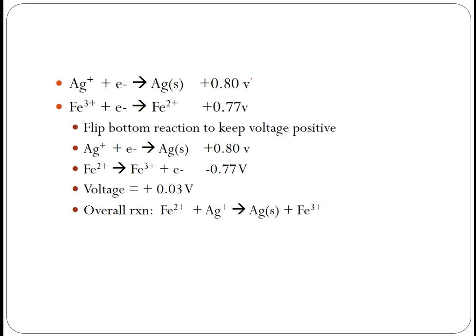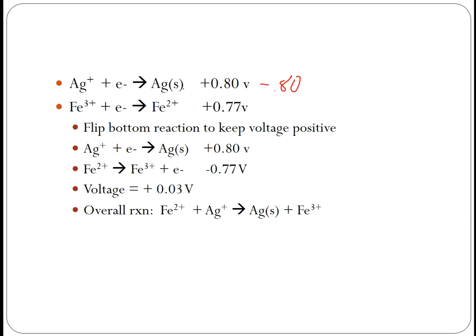So the one that I'm going to flip is the less positive one, which is this one. The logic behind that is, once I flip that one, that becomes negative 0.77, and when I sum them, they will still be positive, just barely. If I flipped the top reaction, then it wouldn't work, because it would be negative 0.8, and when I added them, I would get negative 0.03.